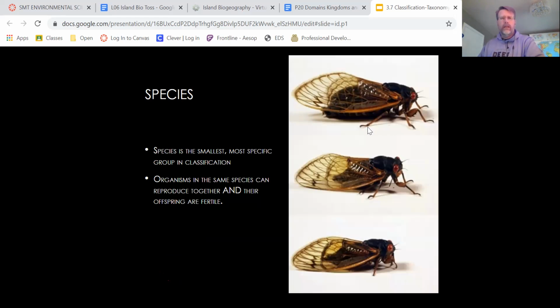One of the interesting examples of that is horses are one species and donkeys are a different species. You can breed them. Horses and donkeys can make a baby. They're called mules. It's a great animal. It's very practical. It's very useful. But mules as an entire group are all infertile.